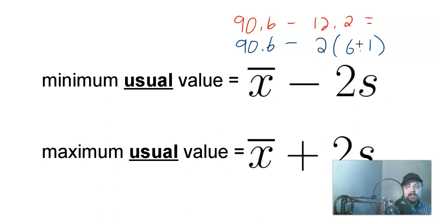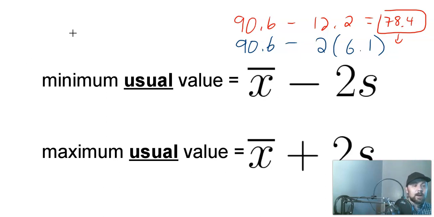So let's subtract those two. 90 minus 12 will get us to 78, and the decimal gives 78.4. So this would be the lowest number that I would consider to be usual for a review score of Animal Crossing. Anything below that would be considered unusual.